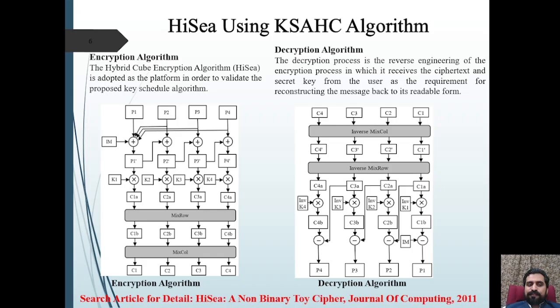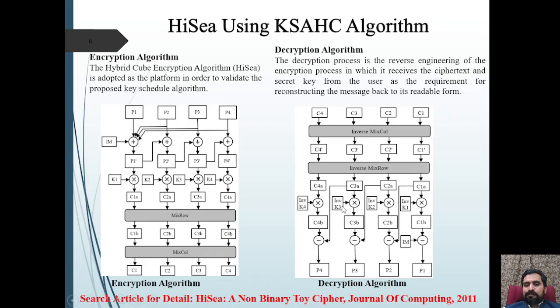The process of diffusion is performed using the mix column and mix row operations adopted from the HiSea algorithm to strengthen the ciphertext. Here is the graphical representation of the encryption algorithm.